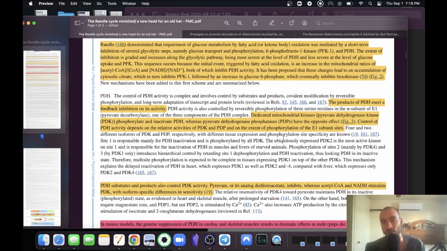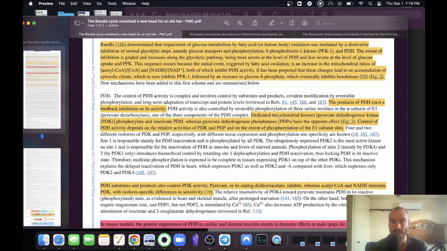What they also talk about here is dedicated mitochondrial kinases: pyruvate dehydrogenase kinase phosphorylates and inactivates pyruvate dehydrogenase, whereas pyruvate dehydrogenase phosphatases have the opposite effect. Control of pyruvate dehydrogenase activity depends on the relative activities of PDK and PDP and on the extent of phosphorylation of the E1 subunit sites. So PDK is the pyruvate dehydrogenase kinase, and PDP is the pyruvate dehydrogenase phosphatase.